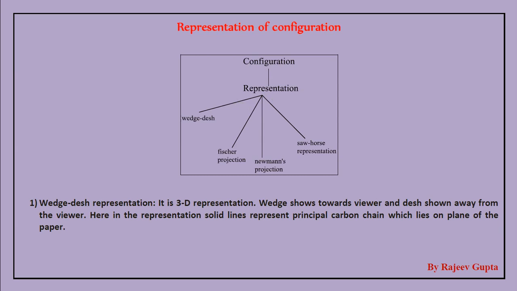on 2D paper. As we design or write a molecule on a paper, we know that paper is 2D. It has a two-dimensional form, so we can draw only 2D images or 2D structures on the paper, on the screen.